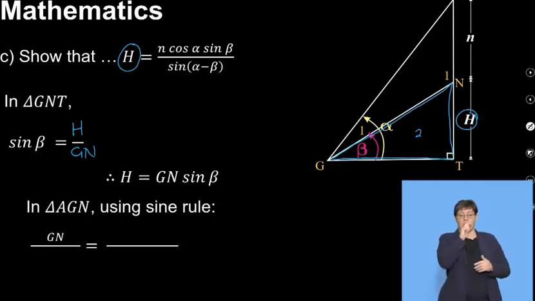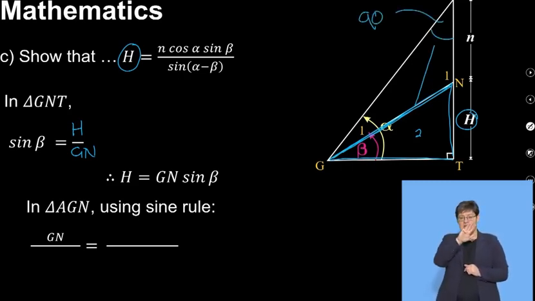Right. Now we're going to be using sine rule in triangle AGN. In triangle AGN, we already know gn, so we're going to use gn and the angle across it. Can you remember earlier we said this angle was 90 minus alpha?